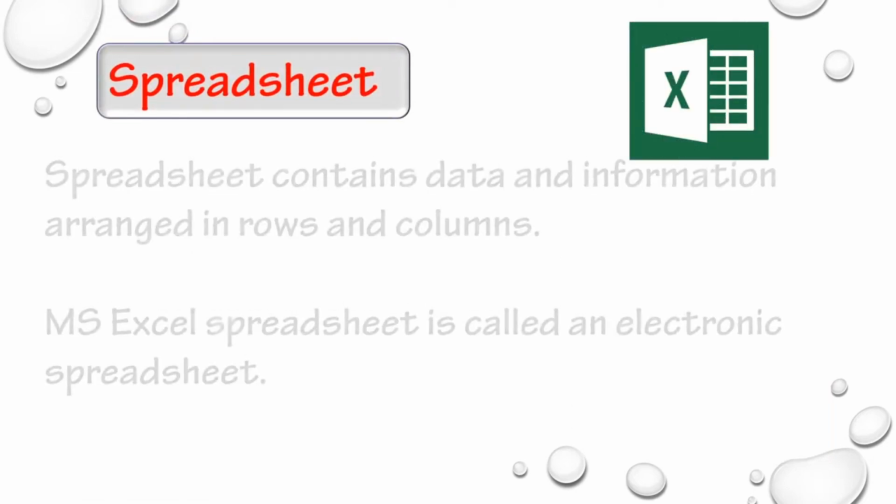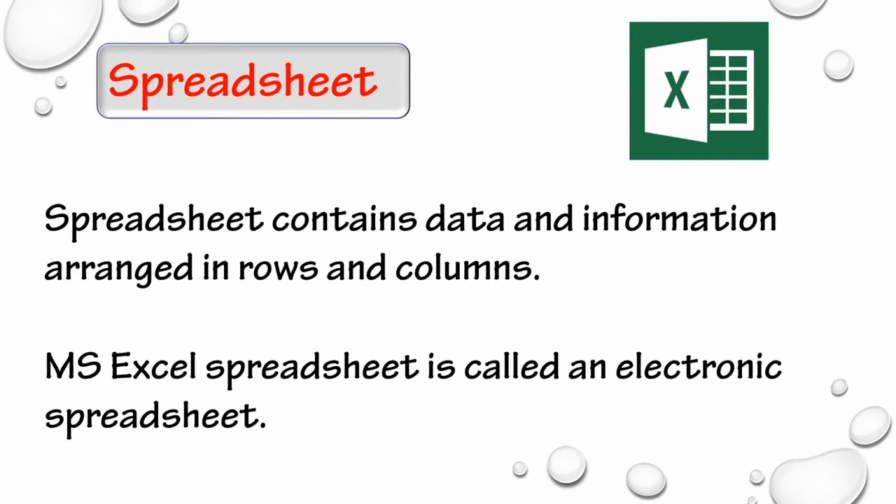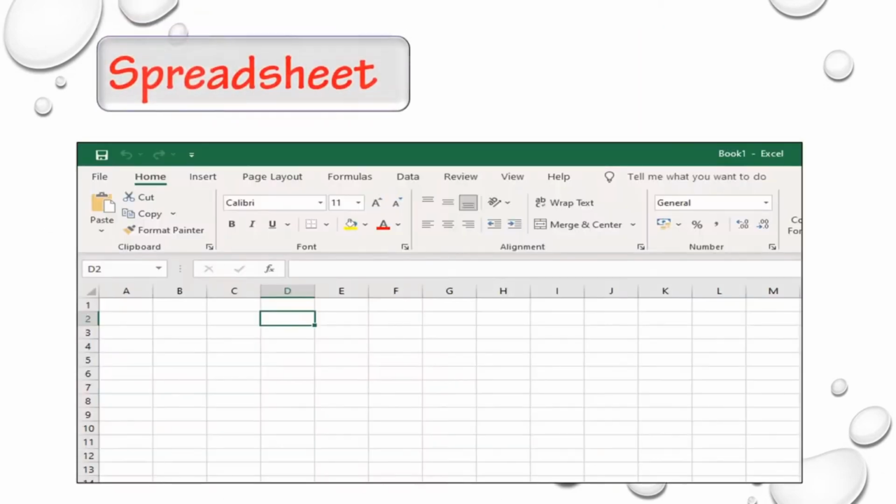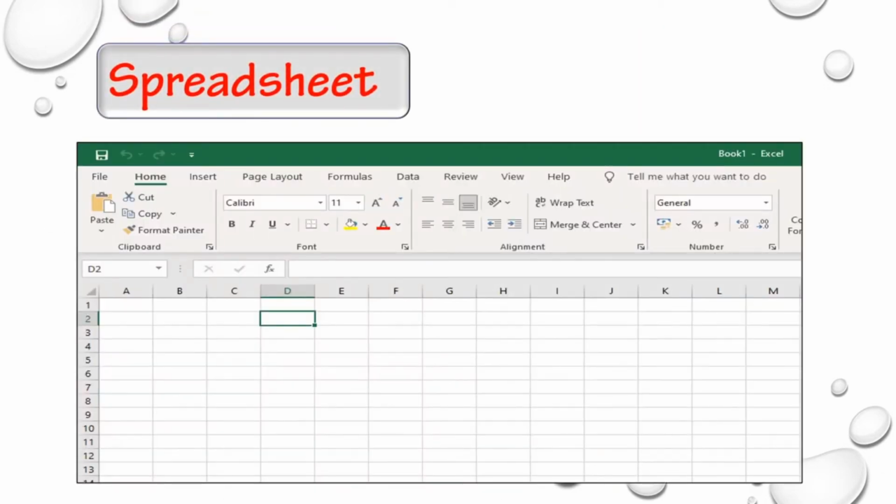Spreadsheet. Spreadsheet contains data and information arranged in rows and columns. MS Excel spreadsheet is called an electronic spreadsheet. Here you can see a spreadsheet.